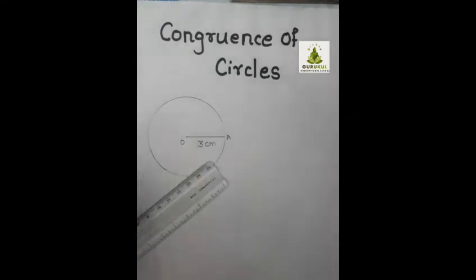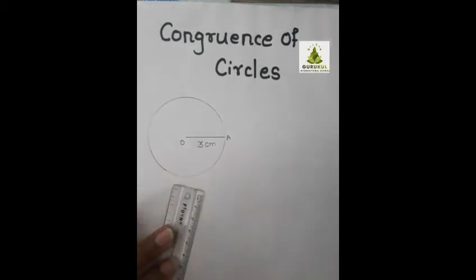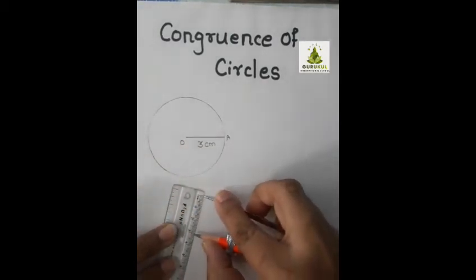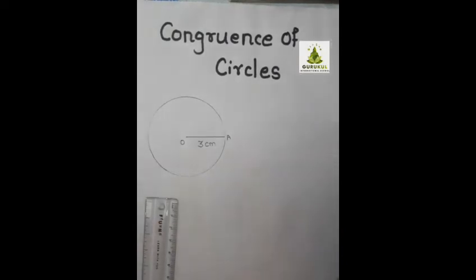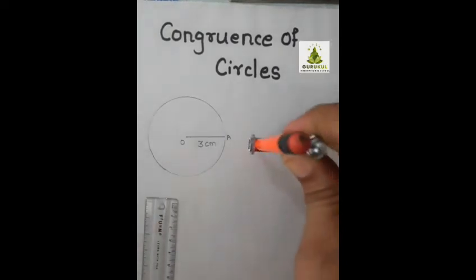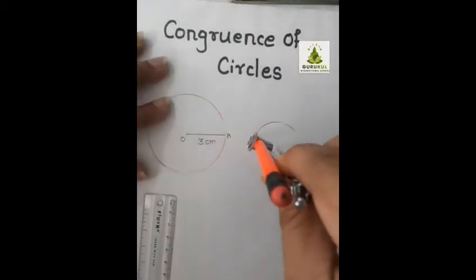Next, 2 more circles we can draw. First we have taken 3 centimeters. Now we will take 2 centimeters distance in the compass and draw the circle.